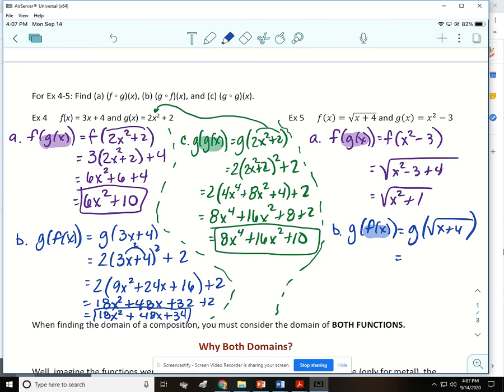All right, then I'll take that square root of x plus 4 and put it in for x. So that means I'm going to square it. And then I'm going to subtract 3 from it. All right, so when you square a square root, it goes away. And then you combine like terms and you're done.